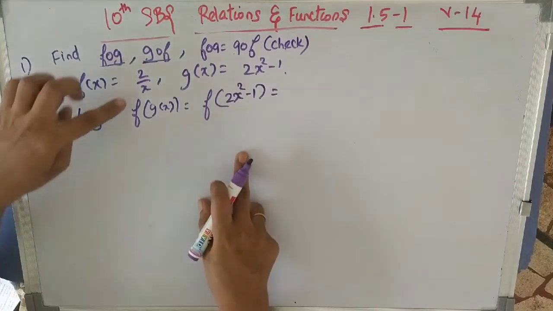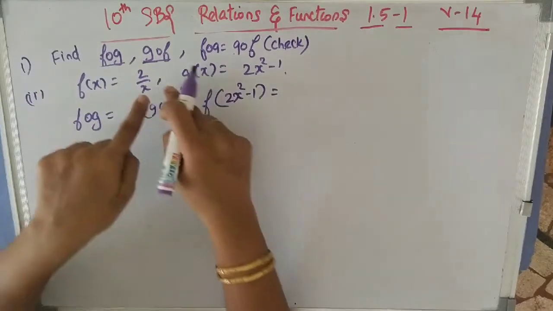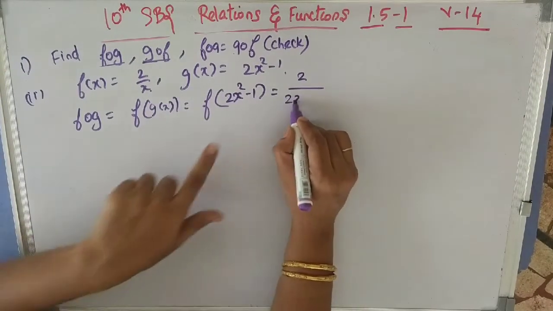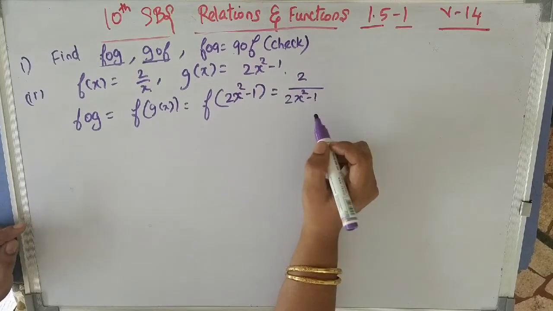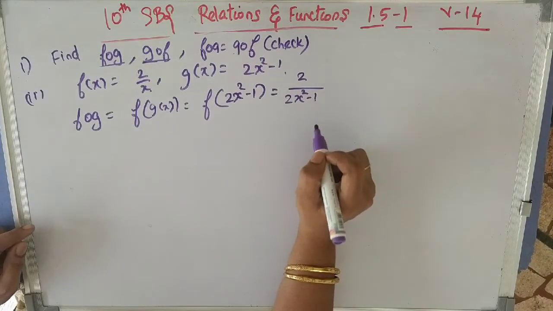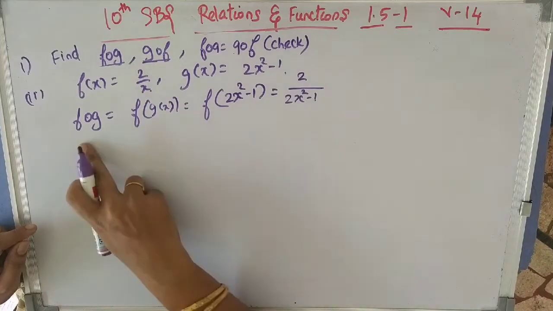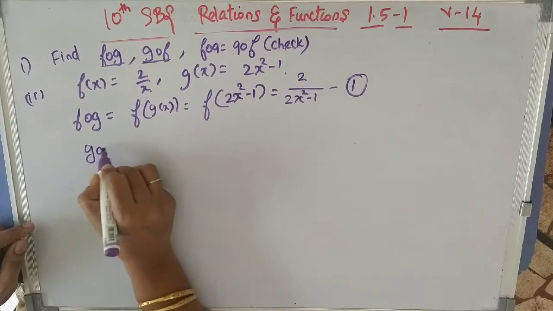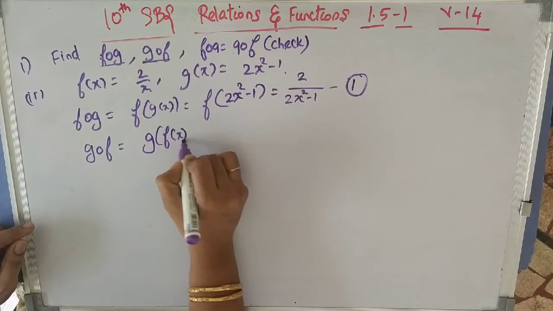Now, what is f of 2x squared minus 1? We have to take f of x and in the place of x, replace with 2x squared minus 1. So, in 2 by x, I replace x with 2x squared minus 1. That is equal to 2 by 2x squared minus 1. This is 1.